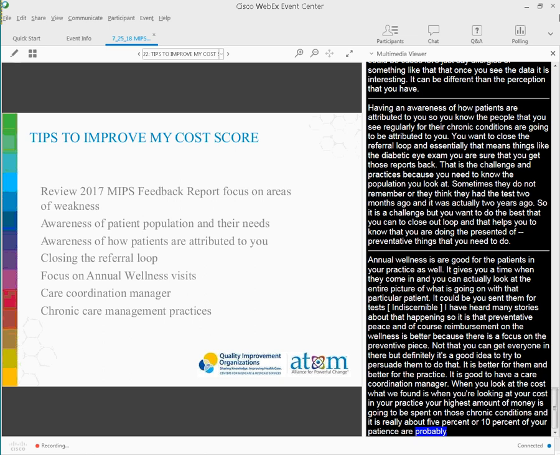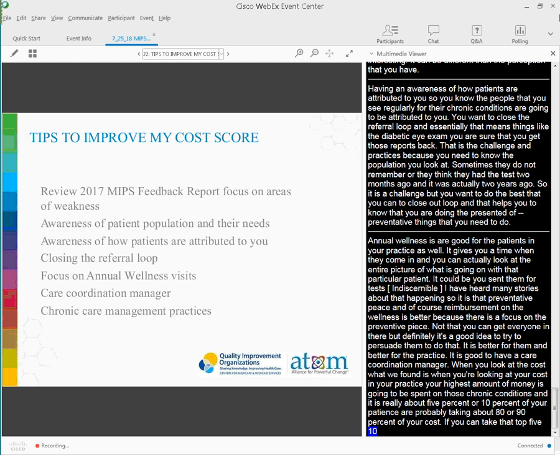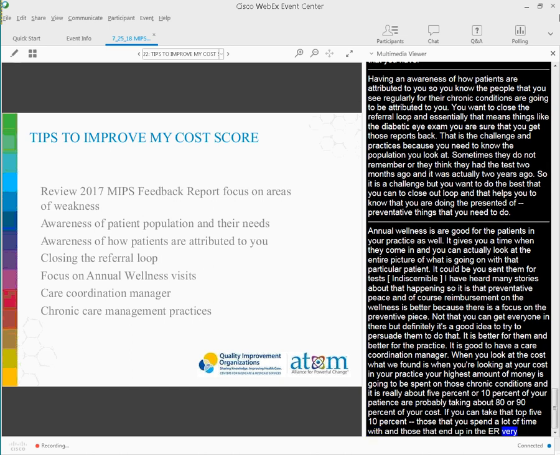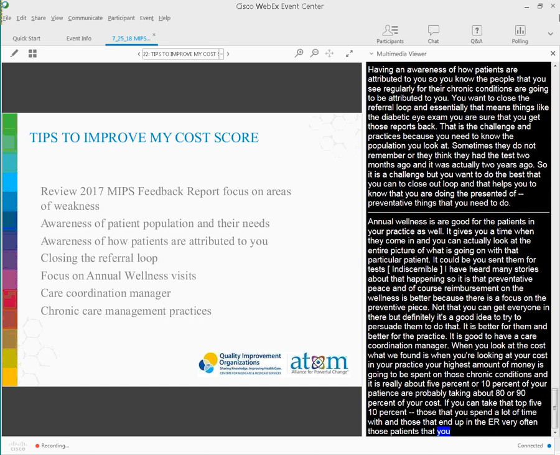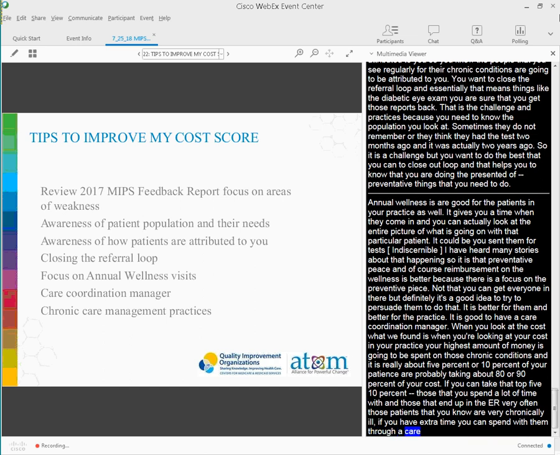So if you can take that top 5 to 10%, those that you know you're spending a lot of time with, those that end up in the ER very often, those patients that you know are very chronically ill, if you have extra time that you can spend with them through a care manager and monitor their care, it does help to bring those costs down.